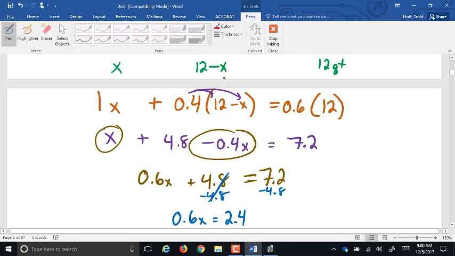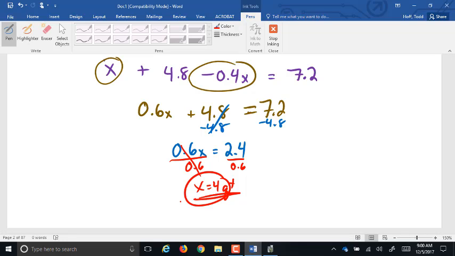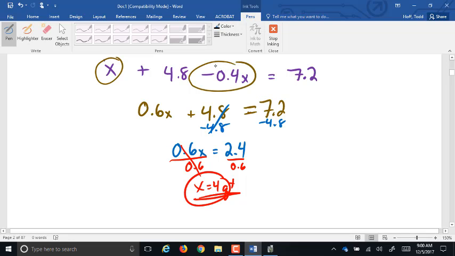And then divide by 0.6. x equals 4. So what that's saying is you should drain 4 quarts out of the system and replace that with the pure antifreeze, pure isopropyl alcohol. And it should bring you up to 60%. Any questions on that one? That one's on the more difficult end of the spectrum.